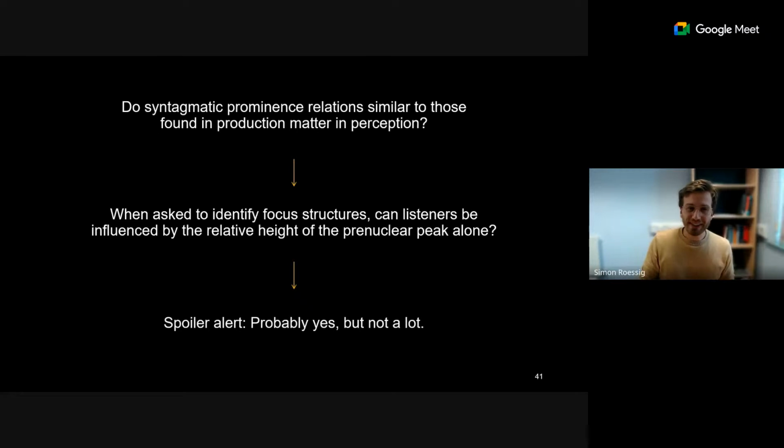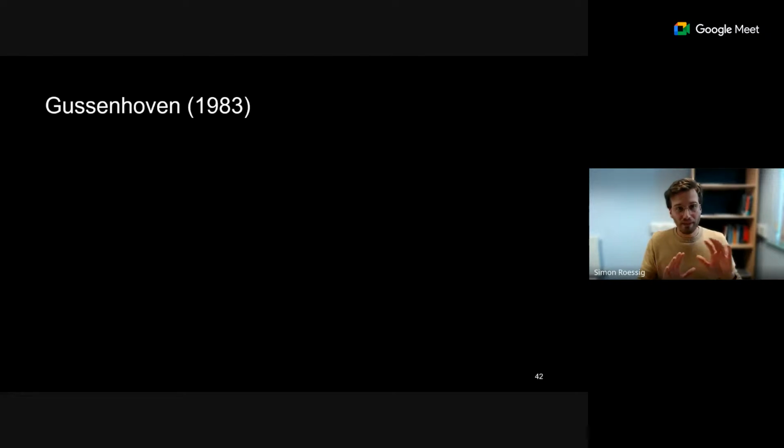And the spoiler here is sort of yes, probably yes, but not a lot. The effects again are quite subtle, quite small, and this is also sort of expected. But we'll talk about it in more detail. First of all, some background to all of this.